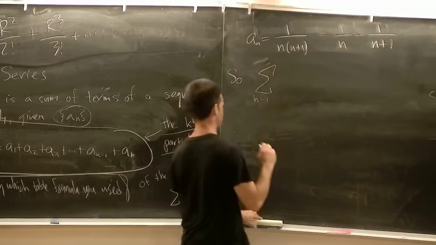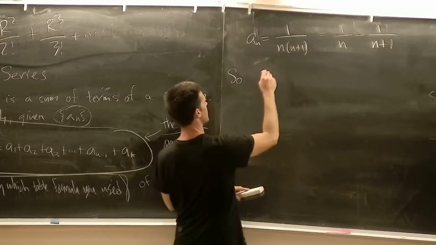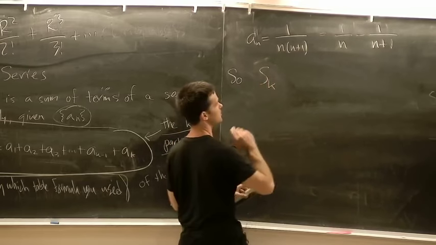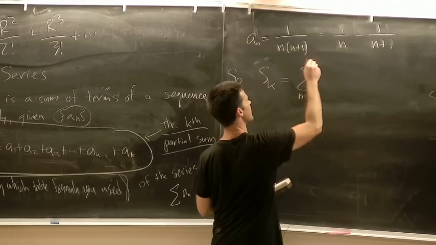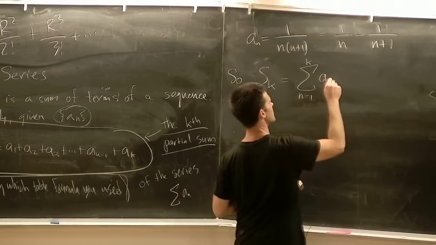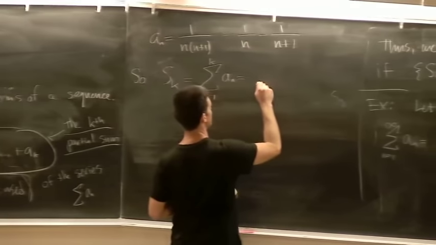So let's look at the partial sum. The kth partial sum is the sum from n equals 1 to k of a sub n.